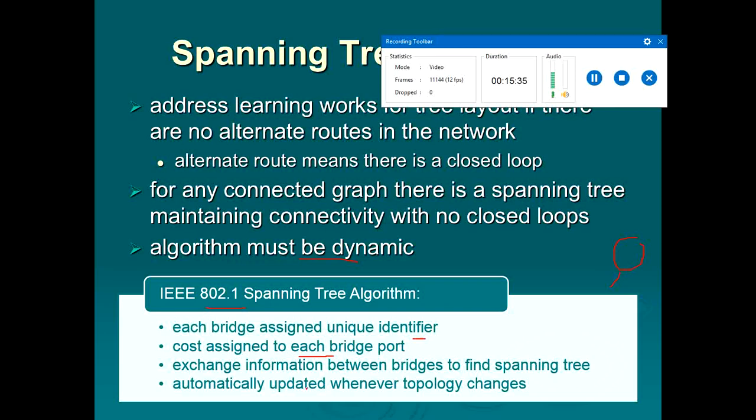Also, the algorithm should involve a brief exchange of information between the bridges to discover a minimum cost spanning tree. And whenever there is a change in the topology, bridges should automatically recalculate or update the spanning tree. So these are the 4 features of the IEEE 802.1 spanning tree algorithm.